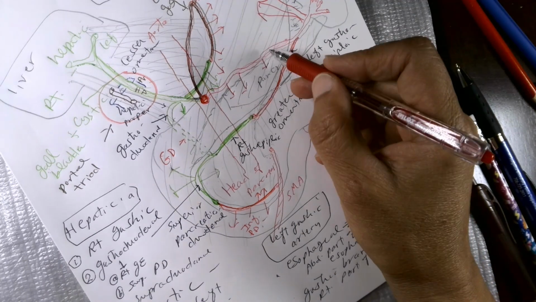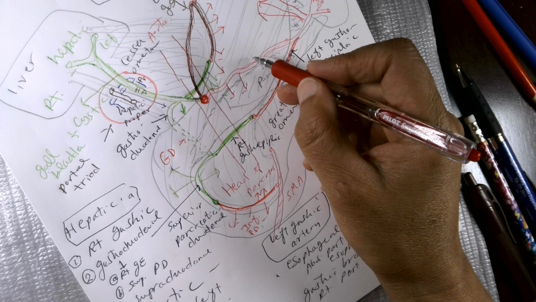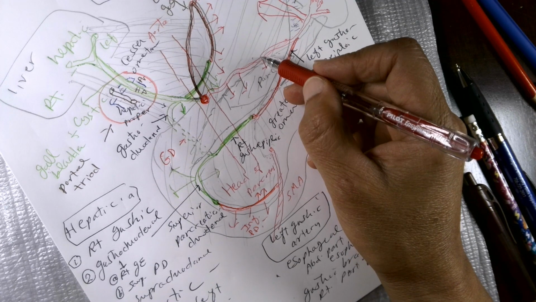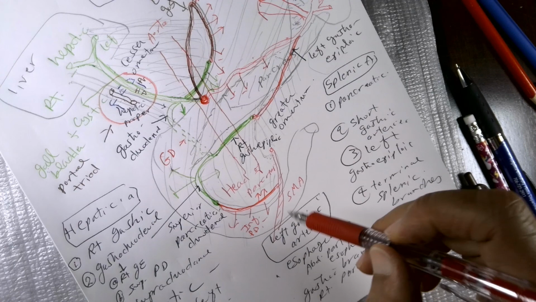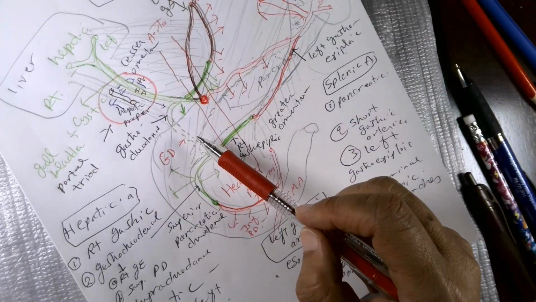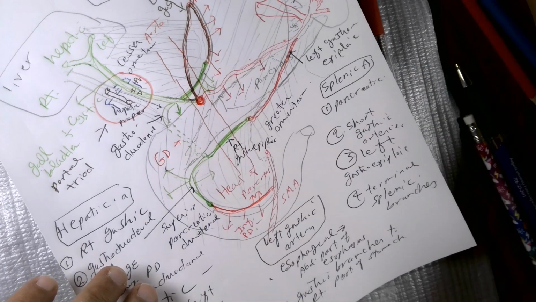If the stomach is perforated here and there is leak of gastric acids, the artery at risk is going to be what? Splenic. But in the duodenum, the artery at risk is going to be gastroduodenal. I hope that this is clear. Thank you very much.